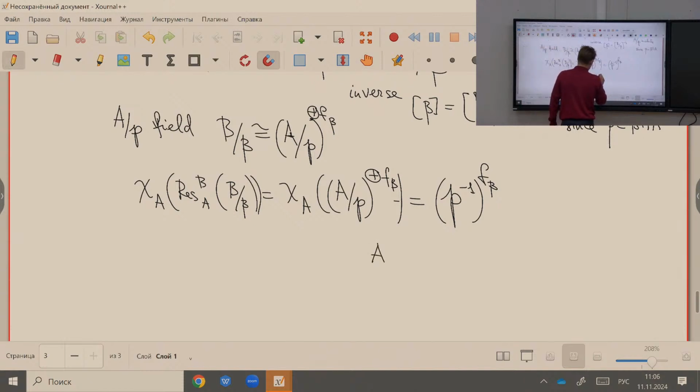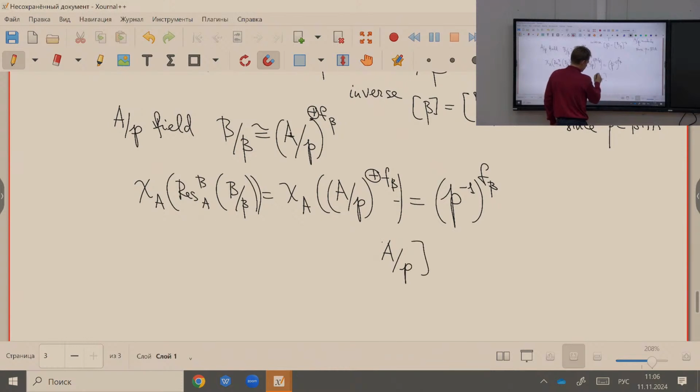So how do we define chi of A? We define that A mod P goes to pi minus 1, and A maps to 0, A maps to unit. And where does A modulo P map?